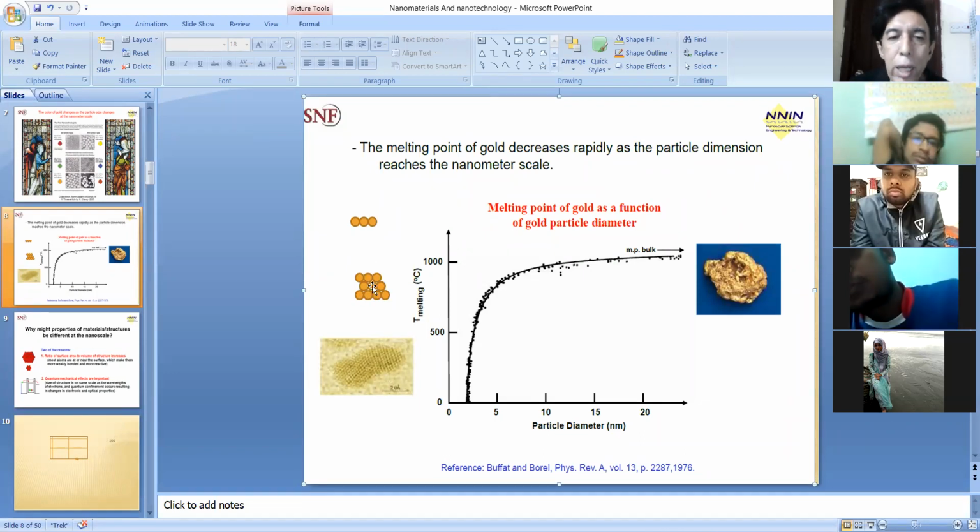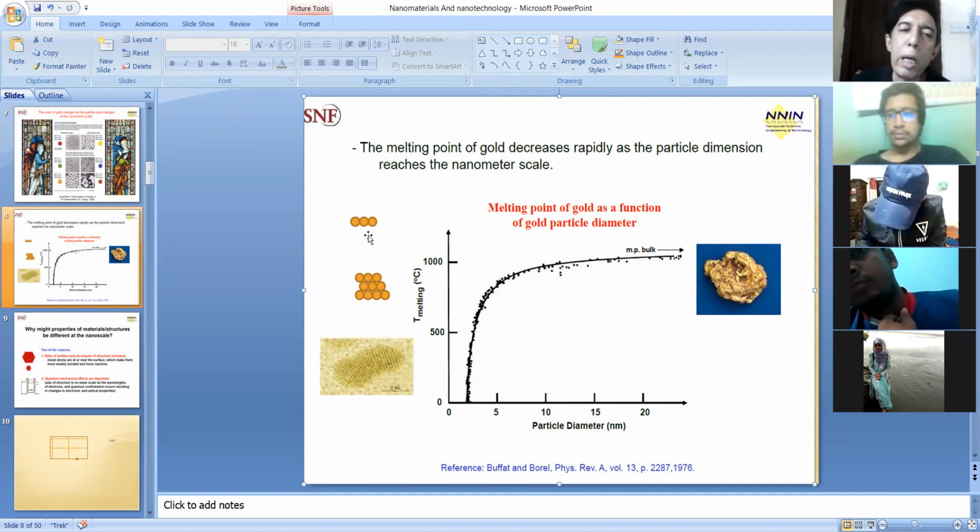And here I have to break 6 to 8 bonds. And here I have to break only 2 bonds. So here it will melt very easily.